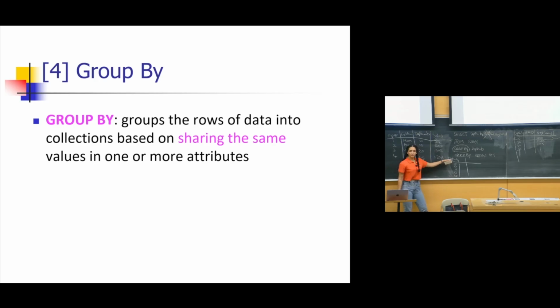Can I have something like this if I group by department number? No. The main point of group by, if I group by department number, it means it groups all the same values into one, right? So instead of this, our result will be something like that, right?